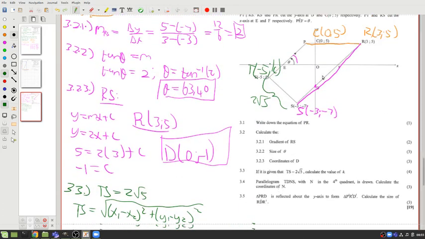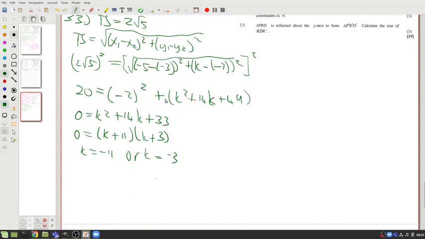Alright, so what we can see on the diagram here is that k or T is above S. Right, so we know the y value has to be bigger than -7. So it has to be the -3. Alright, so it has to be the -3, so that is our answer. This one is not our answer.